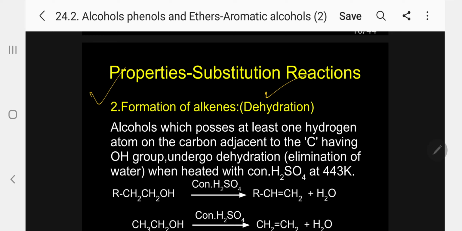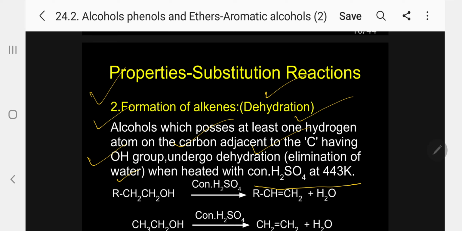Kindly follow. For formation of alkenes, alcohols which possess at least one hydrogen atom on the carbon adjacent to the carbon having the OH group undergo dehydration. Elimination of water takes place when heated with concentrated sulfuric acid at 443 Kelvin.